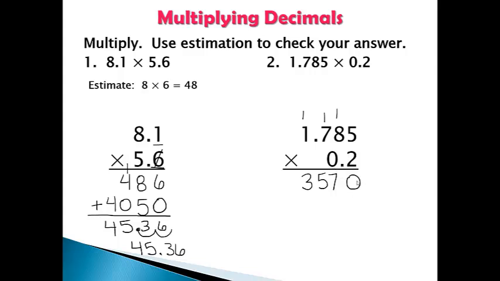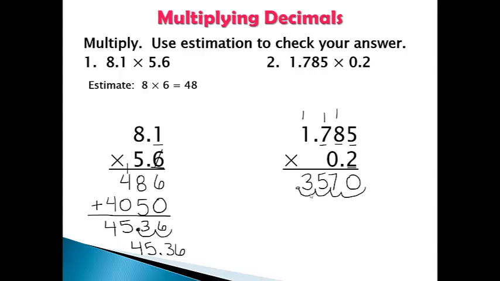So now let's figure out where our decimal is going to go. For our first number, we have 3 digits after the decimal. 1, 2, 3. And then for 2/10, we have one number after our decimal. So if we add 3 plus 1, we get 4. So we're going to start at the right-hand side, and we're going to move our decimal up 4 places. 1, 2, 3, 4.